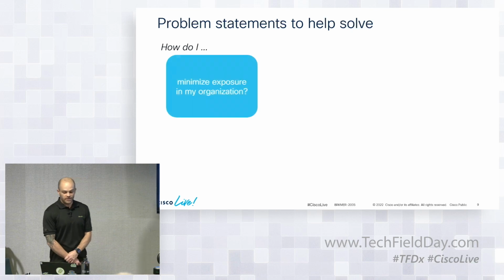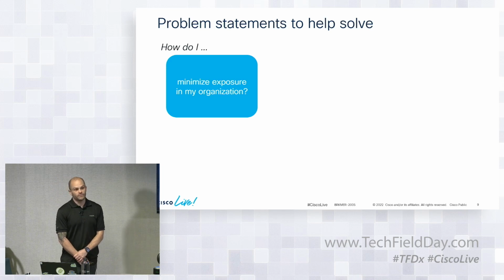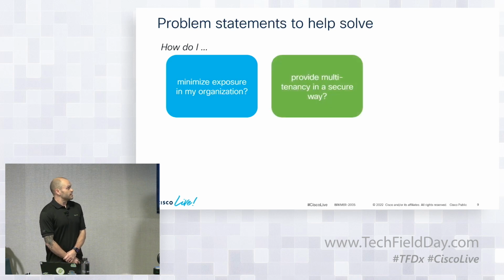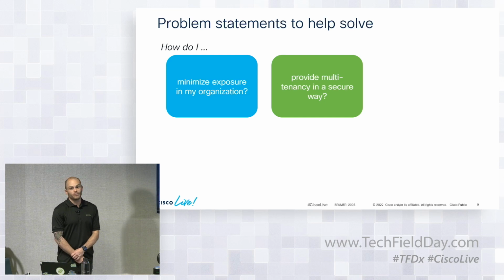but in the end, I think the problem statements that we're trying to solve are questions we got from customers over the years. Is how do I minimize exposure when there is something that happens, right? And how do I make sure that I can control endpoints in a clear, understood manner. In a lot of cases, that's multi-tenancy, right?